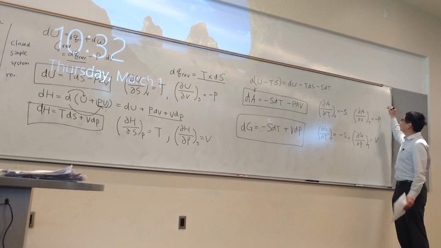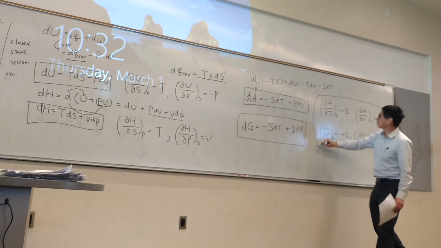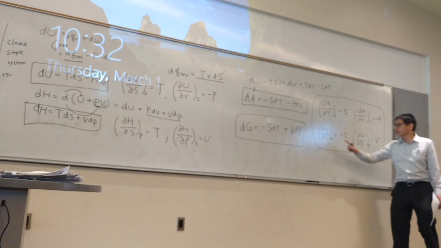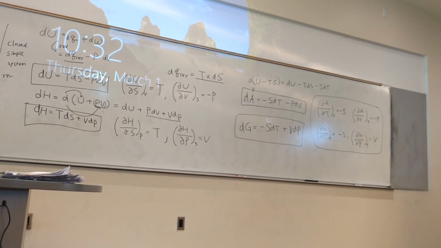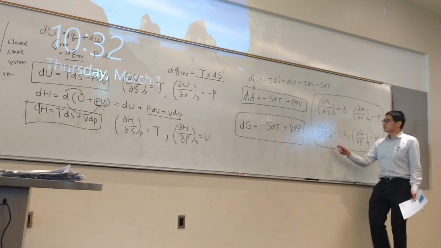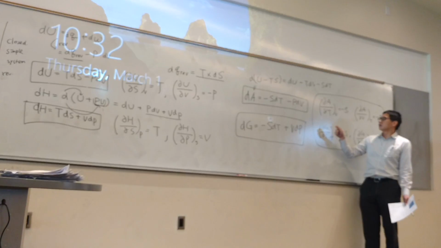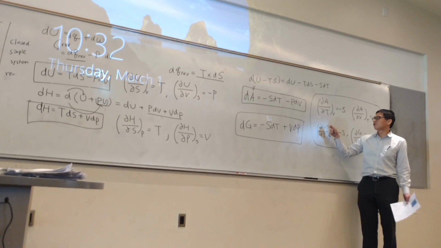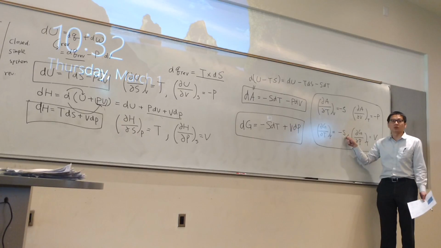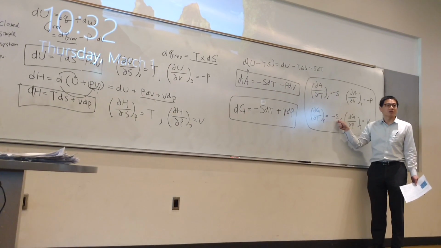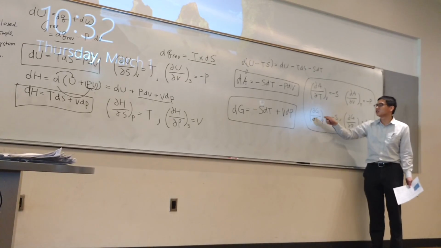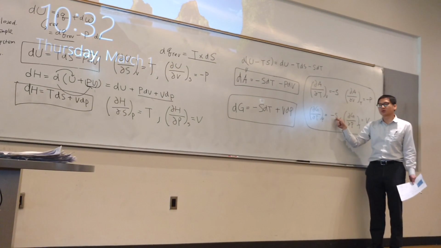So these four equations are very important because they tell you the temperature and pressure dependence of your free energy. The temperature dependence of free energy under constant pressure is related to your entropy.